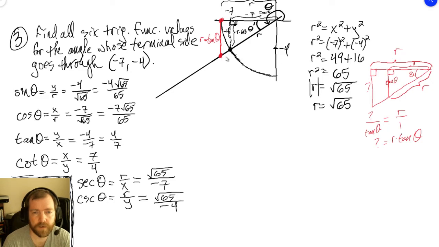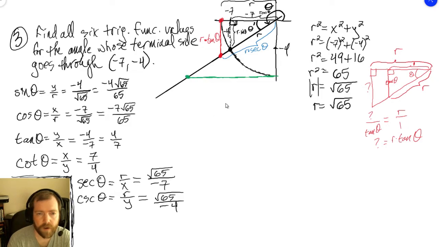And here, to that point, this is the secant of theta, again, scaled up to a radius of r. And then on the other side, we have the r cotangent of theta.